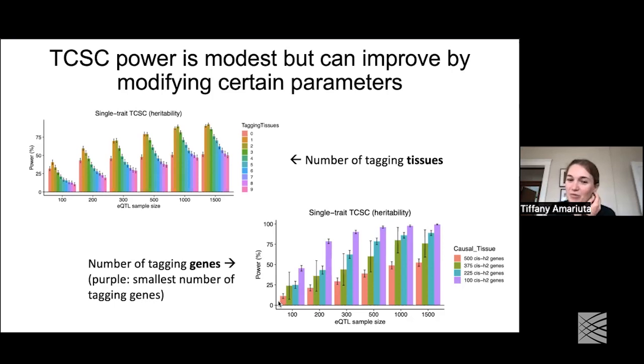I'm showing the continuous effect of that ratio increasing. So with the purple bars, we have the largest number of true causal genes in the causal tissue with the smallest number of tagging genes.